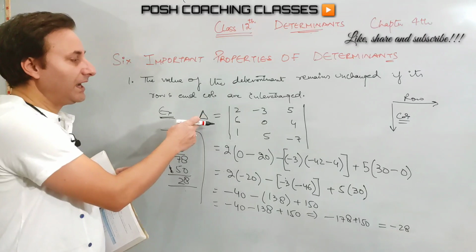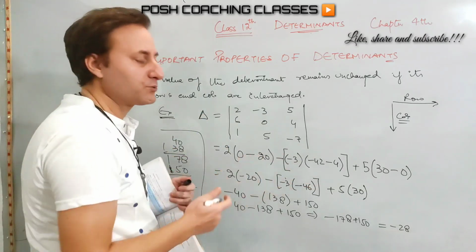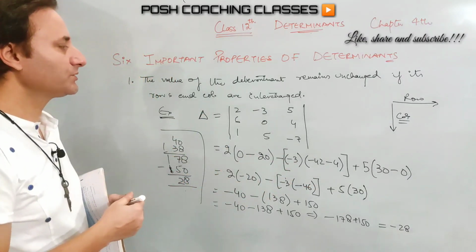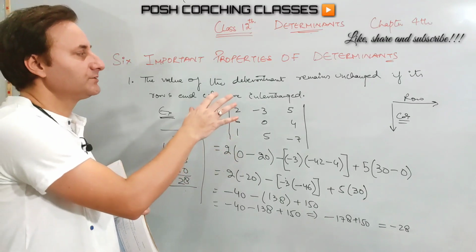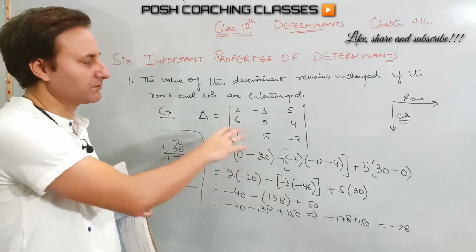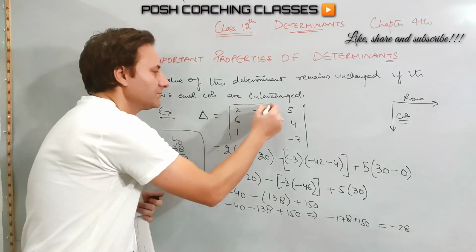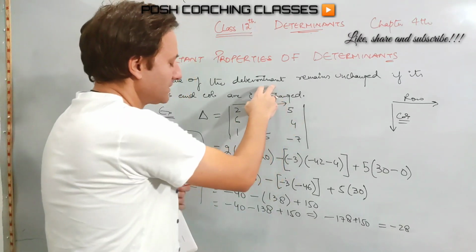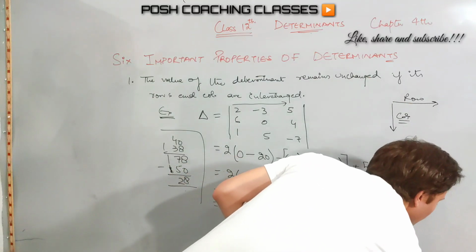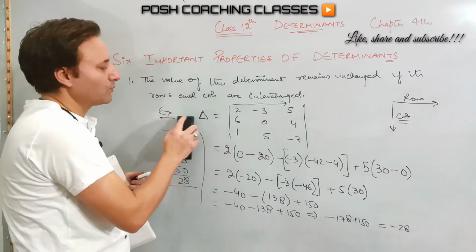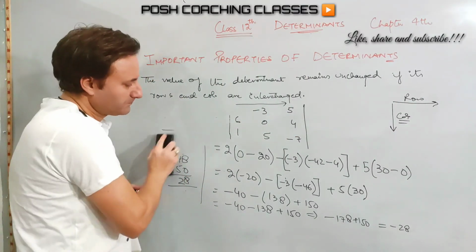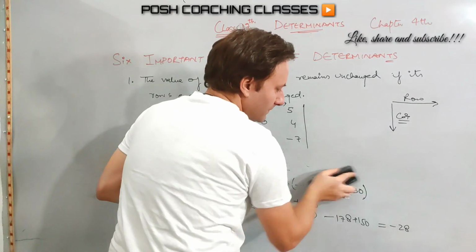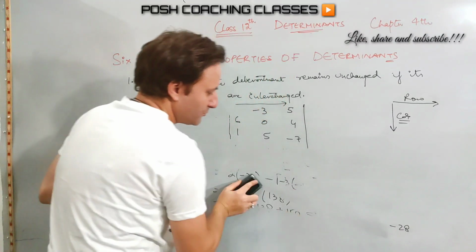So the value of delta is minus 28. This was just a simple determinant, and using the row method, I took this row and got the answer minus 28. Now what does the property say? It says if we change the columns and rows. So let us rub this off. Just remember the answer is minus 28.